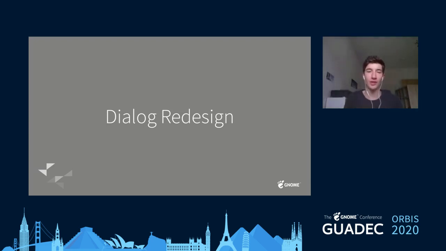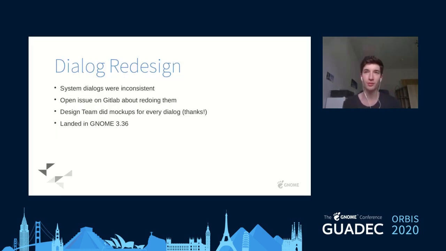Yep. So something else that we landed in GNOME 3.36 last cycle was the redesign of dialogues. We basically did that because there was an open issue on GitLab from the designers about redoing them for quite some time. They rightfully complained that the dialogues were quite inconsistent.